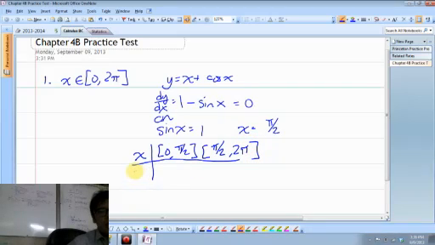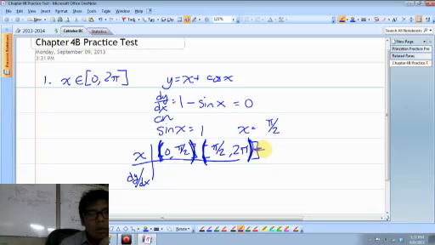And let's just see, this is now y prime. Let's say pi over 4: we have 1 minus the sine of pi over 4.